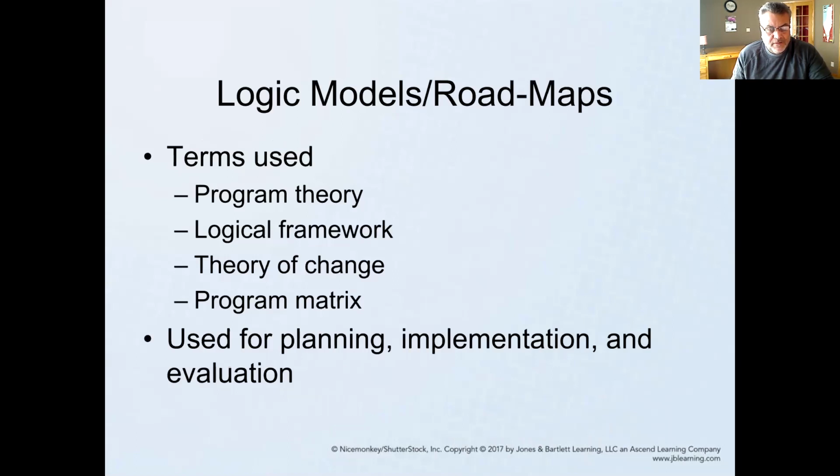There are a bunch of examples there, and a variety of different ways of thinking, and there isn't one better than the other. If one makes more sense to you, you can use that as your own, but we're not going to test you on the difference between program theory or logical framework. These are all roadmaps, ways for planning any translational research projects.